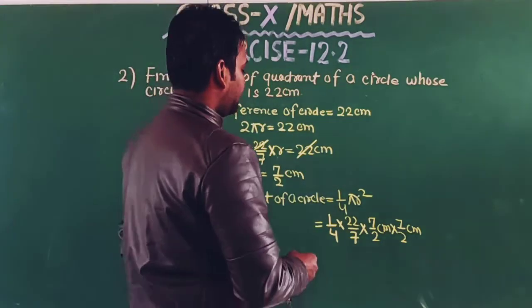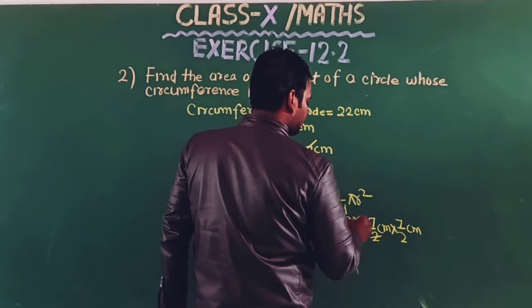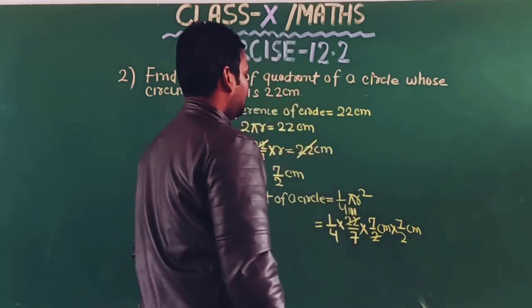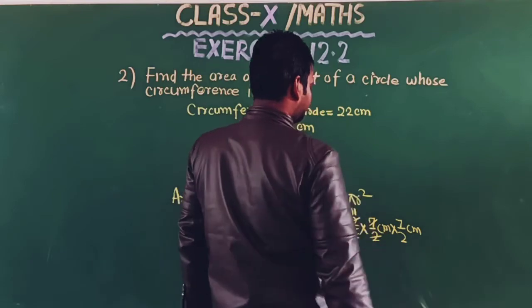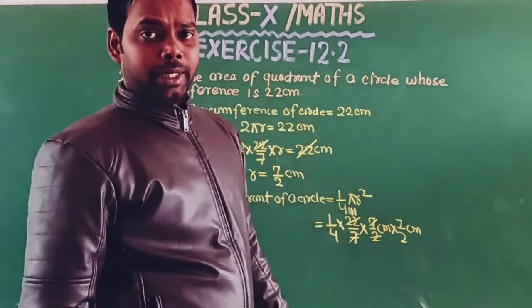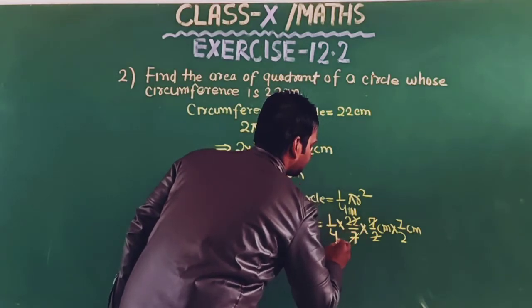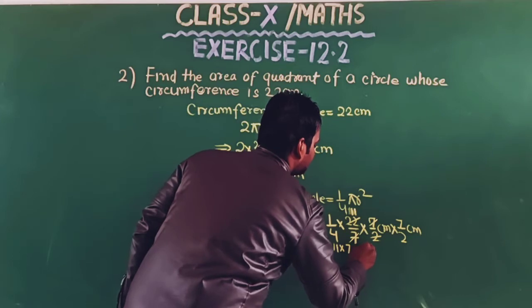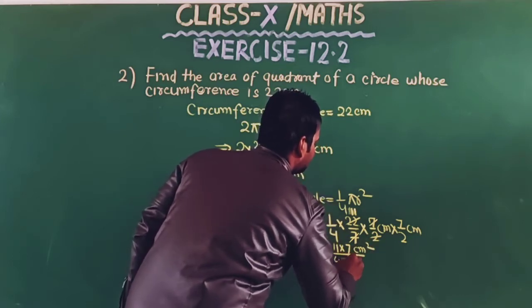Here we can cancel 2 and 22 from numerator and denominator. So this is 11, and 7 and 7 cancel from numerator and denominator, and remaining we are left with 11 into 7 centimeter square upon 4 into 2.